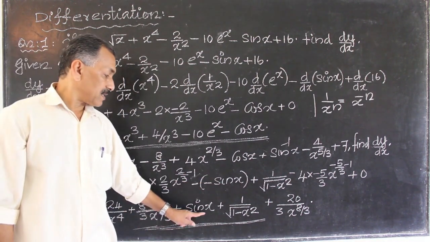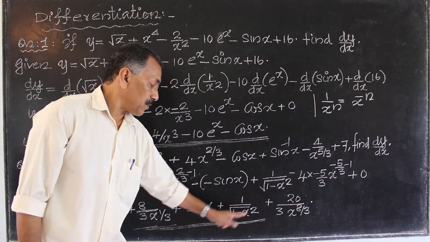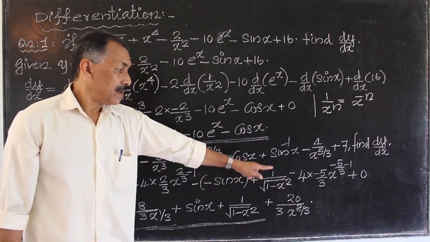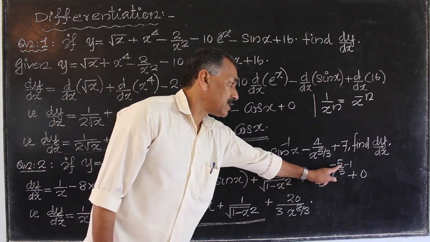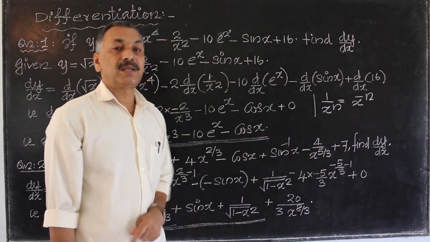Minus into minus is plus sin x. Then plus 1 divided by root of 1 minus x square. Then plus 20 x raised to minus 5 by 3 minus 1.